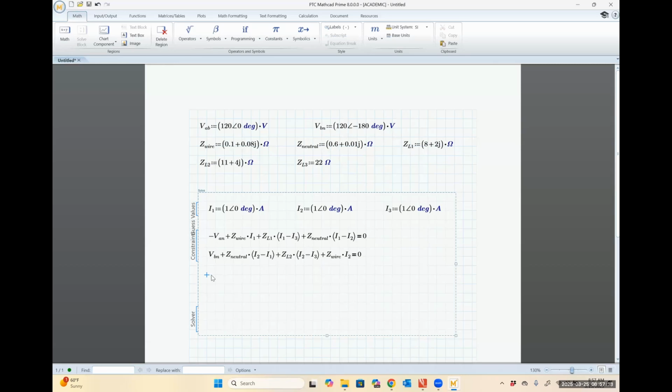And for our last equation, we had ZL2 multiplied by I3 minus I2 plus ZL1 multiplied by I3 minus I1 plus ZL3 multiplied by I3 is equal to 0.